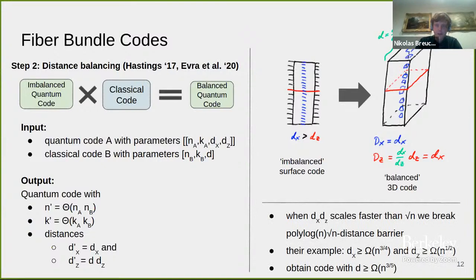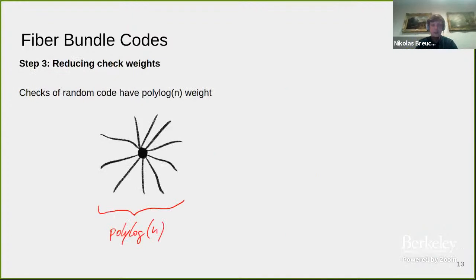Okay, so now we observe that if the product of the x distance and the z distance scales faster than the square root of n, we can break the barrier. And in their example, this was exactly the case. So they obtain a code which has distance scaling with n to the 3/5. There's one caveat though.